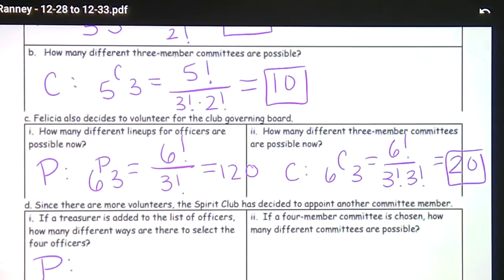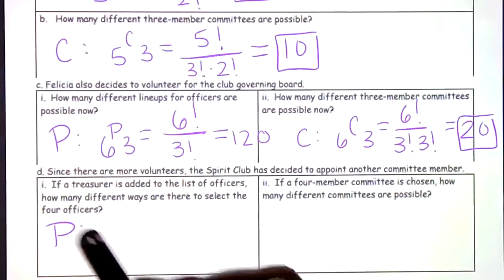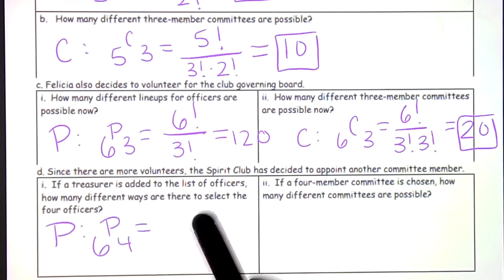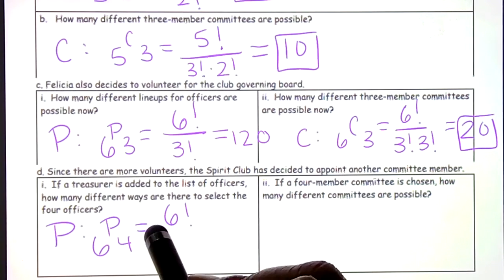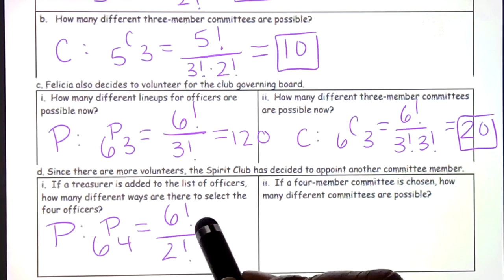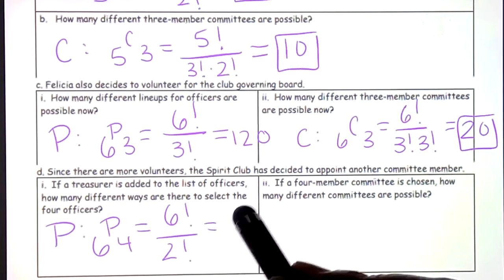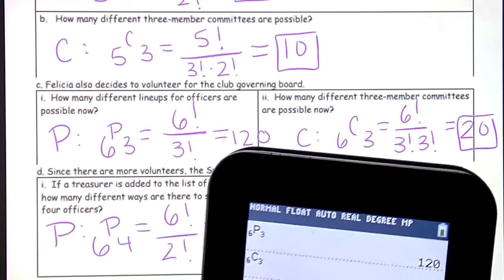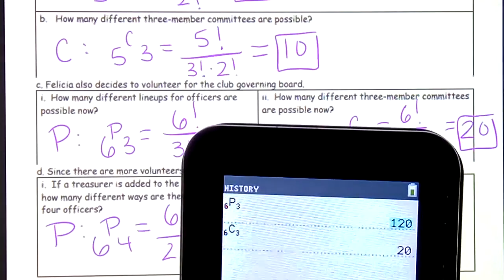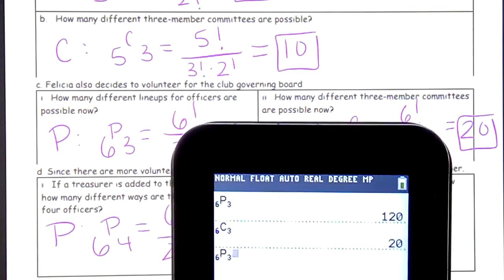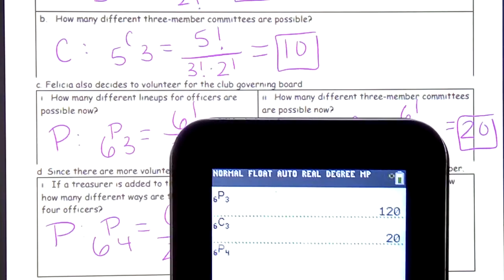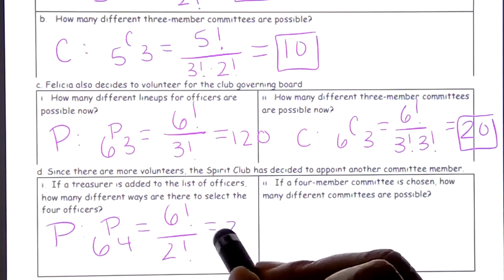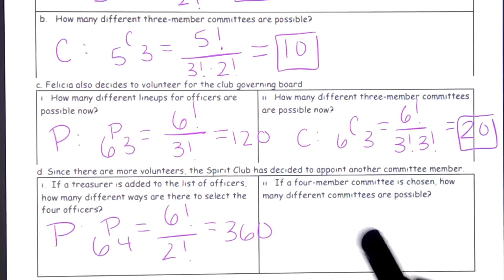So this is going to be 6P4, and that's going to be 6 factorial over 2 factorial. And when I work that out, 6P4, I end up with 360 different ways.